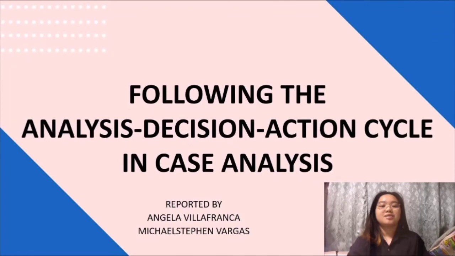In case analysis, this cycle of events can provide a useful framework. First, an analysis of the case in terms of the business environment and current events is needed. To make such an analysis, the case background must be considered. Next, based on that analysis, decisions must be made.